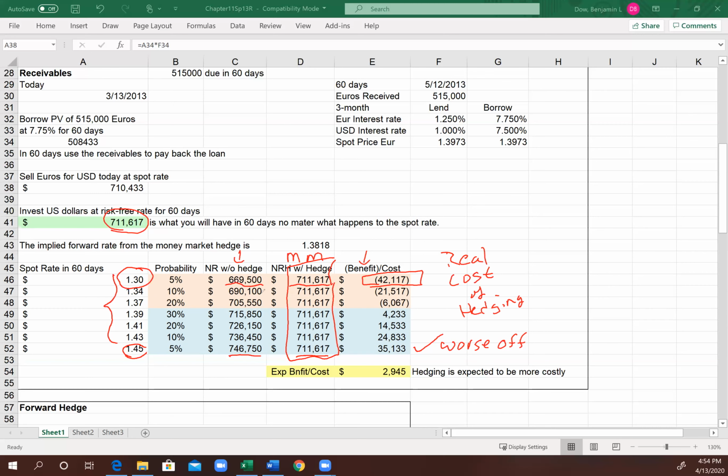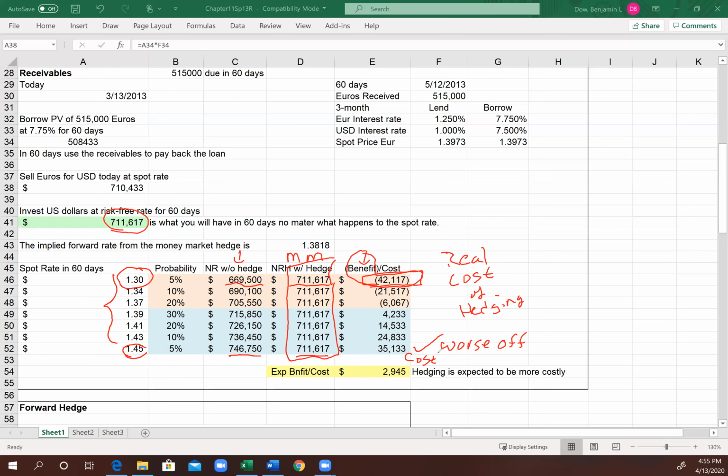So the book says, if you take no hedge minus hedge and you get a negative number, then that turns out to be a benefit, or what they refer to as a negative cost. But I don't like using the term negative cost. So this is a benefit. This would be a cost.